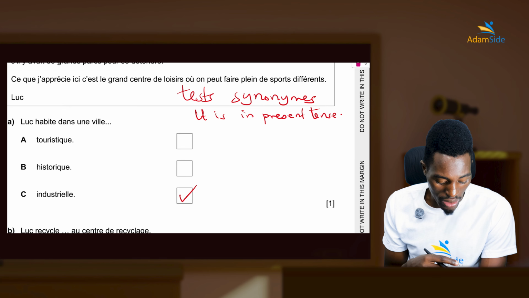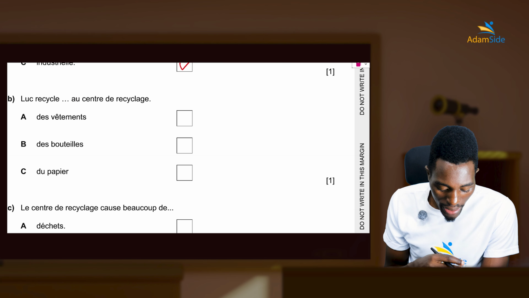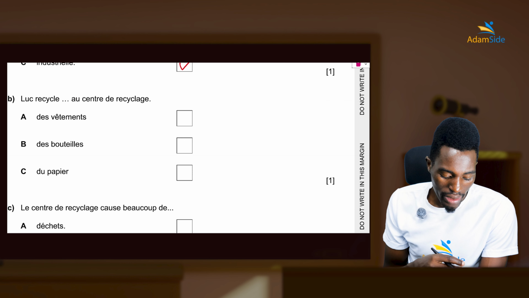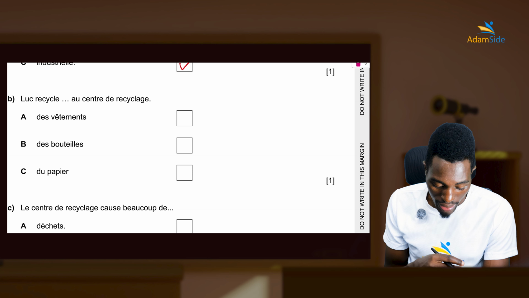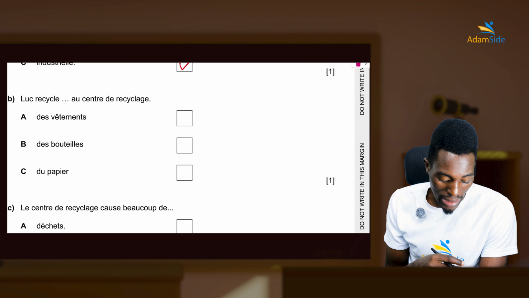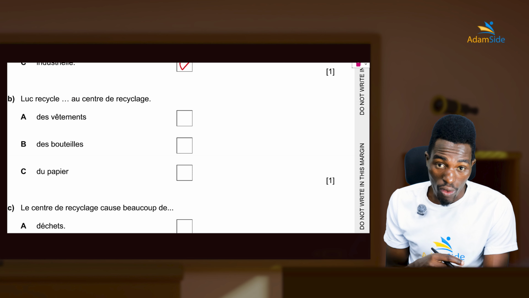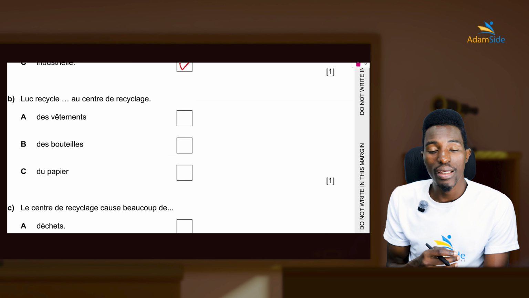Then we go to question B. Luc donne au centre de recyclage. So I have to identify what Luc gives to the recycling center. Est-ce que Luc donne des vêtements? Recycling. Luc lives surrounded by industries.